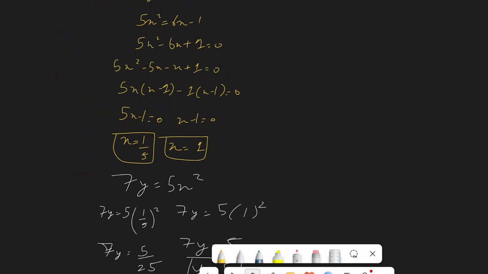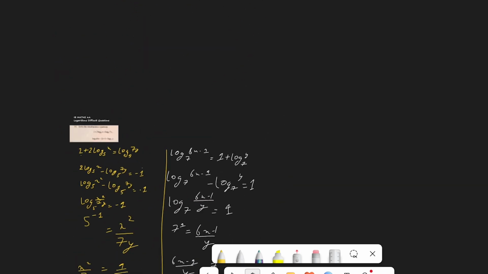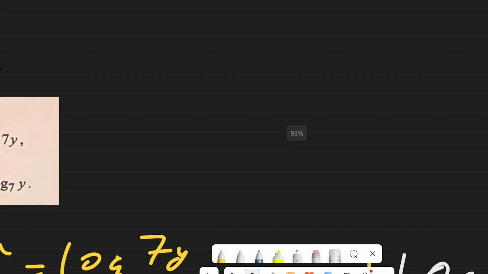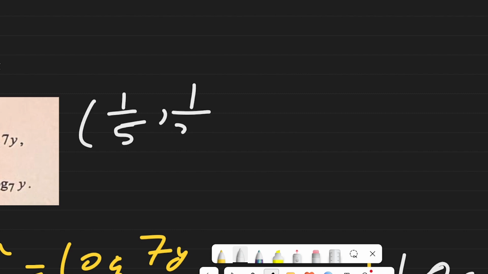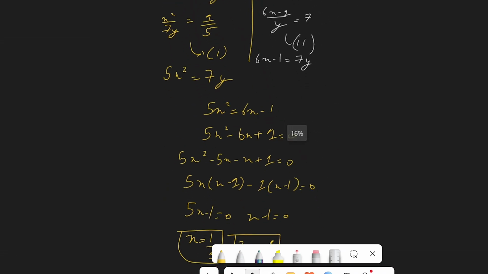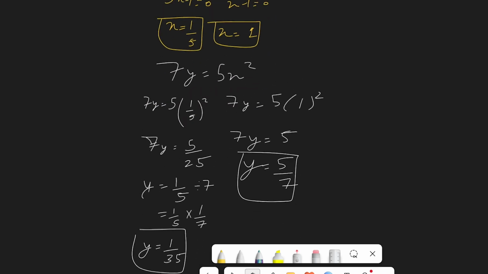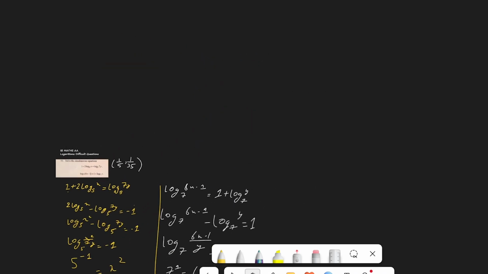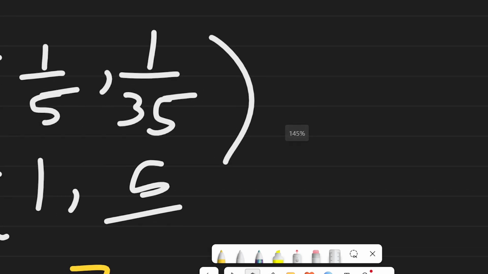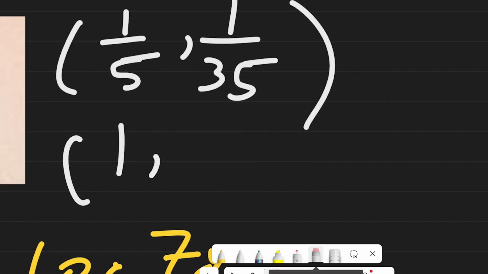The values we have are: if x is 1/5, then y is 1/35, whereas the other value is, if x is 1, then y is 5/7.